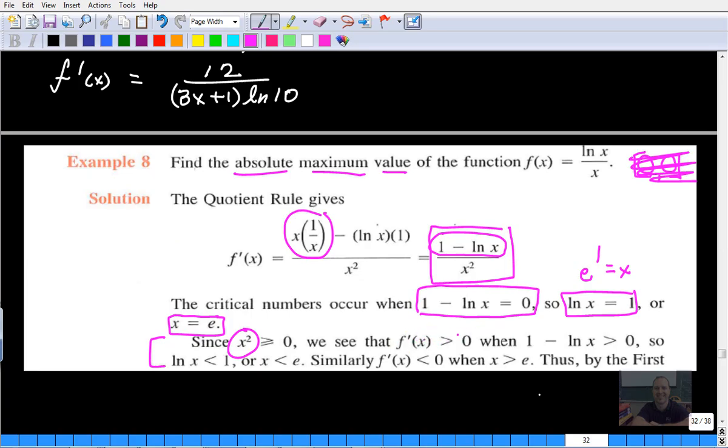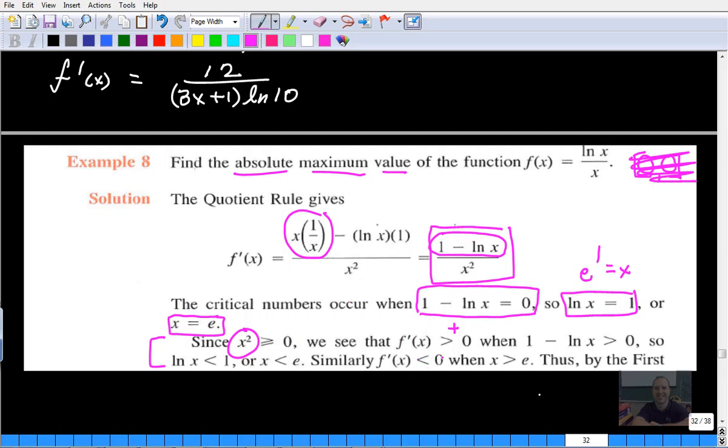The derivative is greater than 0 when 1 minus ln x is greater than 0. And so that means that's where ln of x is less than 1, if you change this into an inequality. And that means e to the power of 1 would have to be greater than x. See? So the derivative is positive when e is greater than x.